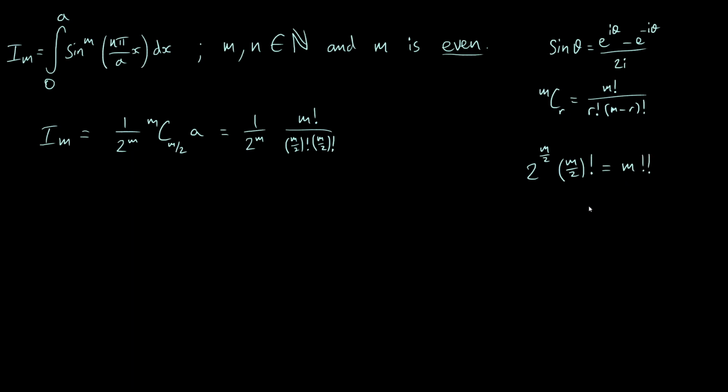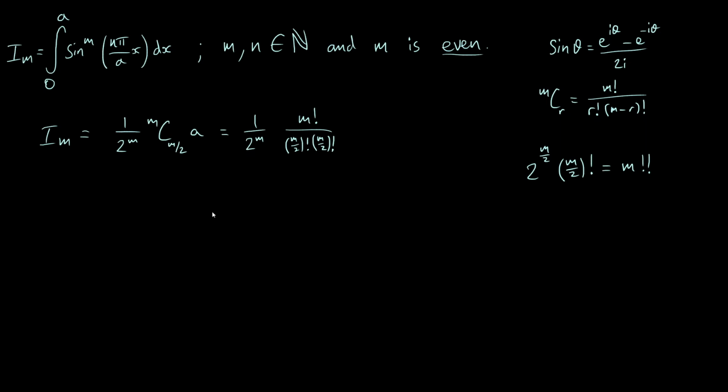You may want to have a quick look at that video to see where that comes from. Double factorial is kind of like a normal factorial, except when you're multiplying all your numbers together, you step down in steps of 2. So for example, 6 double factorial would be 6 times 4 times 2, rather than 6 times 5 times 4 times 3, all the way down to 1.